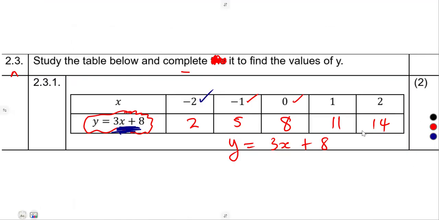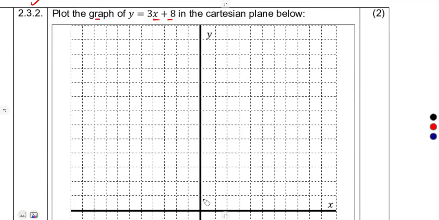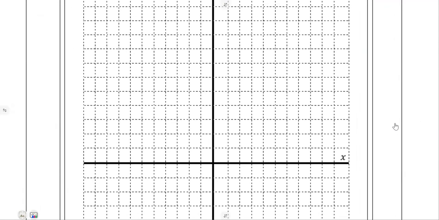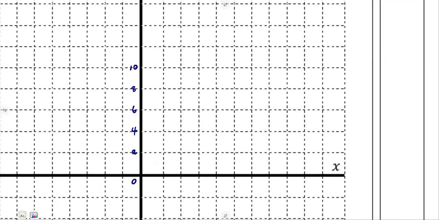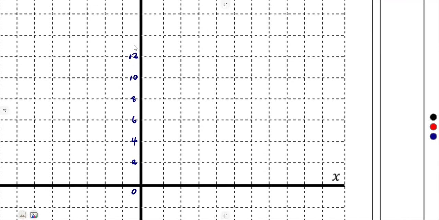So in order to accommodate that 14, let's use 2, 4, 6, 8, 10, 12, 14. As you can see, we can accommodate the 14 there.